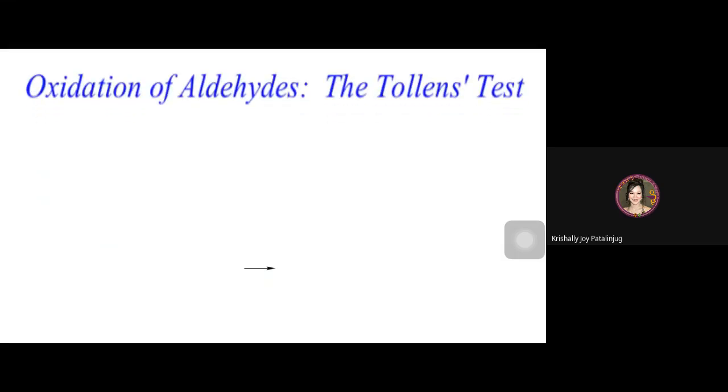This is a special type of oxidation of aldehydes. But this will be discussed more in your biochemistry next semester. You will appreciate the Tollens test for aldehydes more if you perform it in the laboratory. You cannot appreciate it just by theory, only looking at the reaction. If you perform it in the laboratory, we can see the visible, observable result in the test tube.